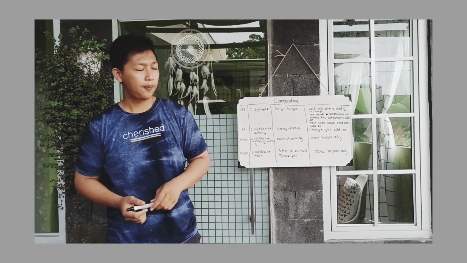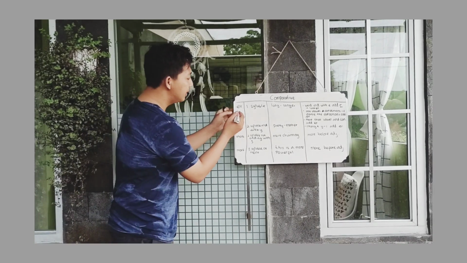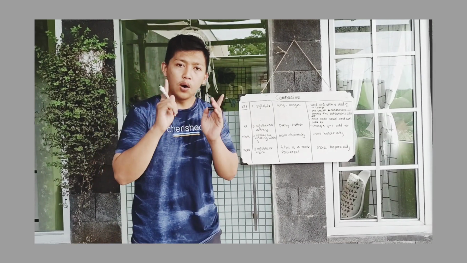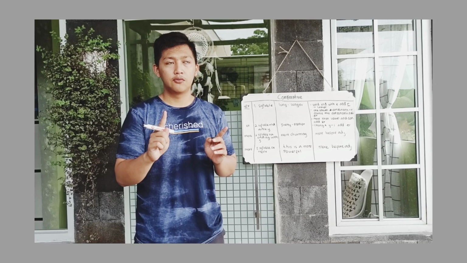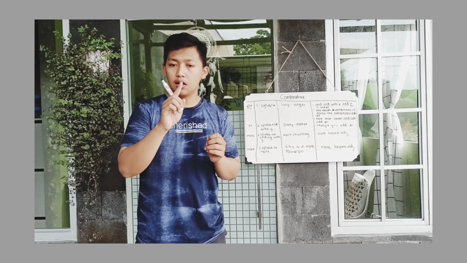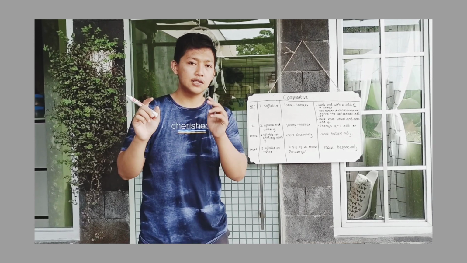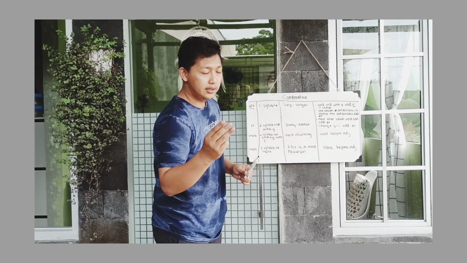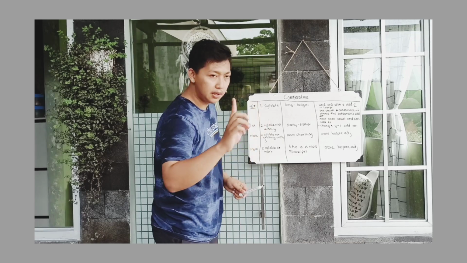The first, add with er when there is one syllable word, for example, long. Long is one syllable. So, there are three rules in one syllable.